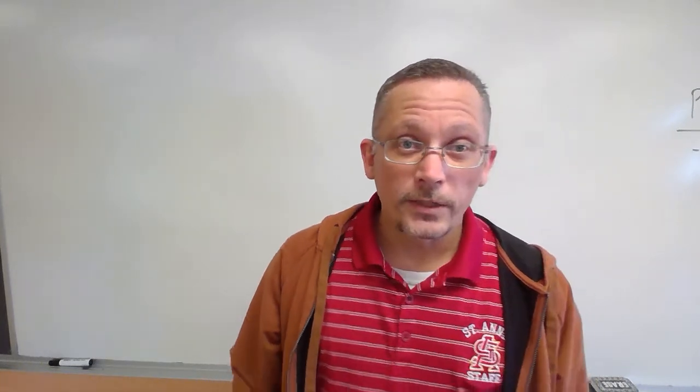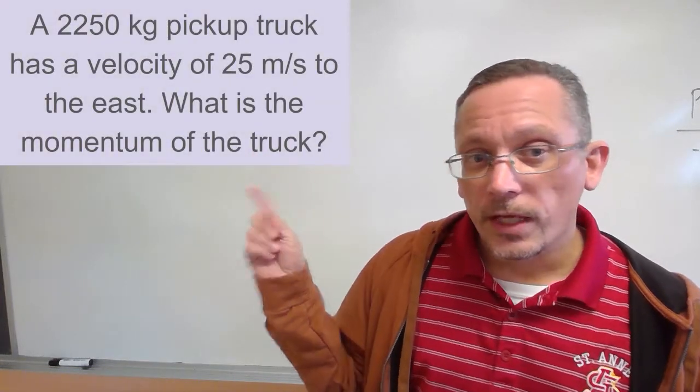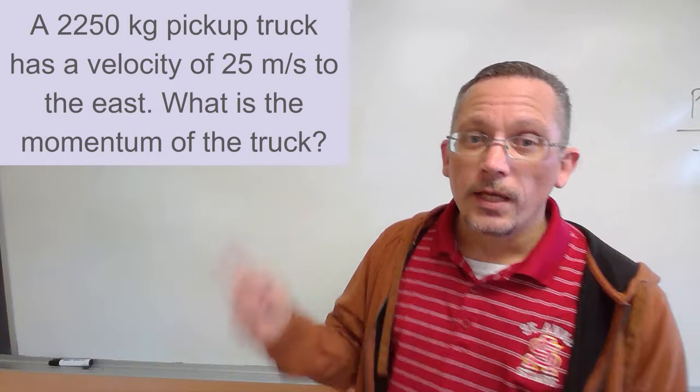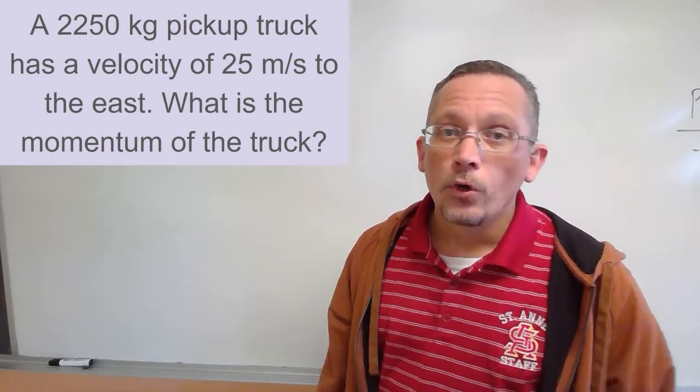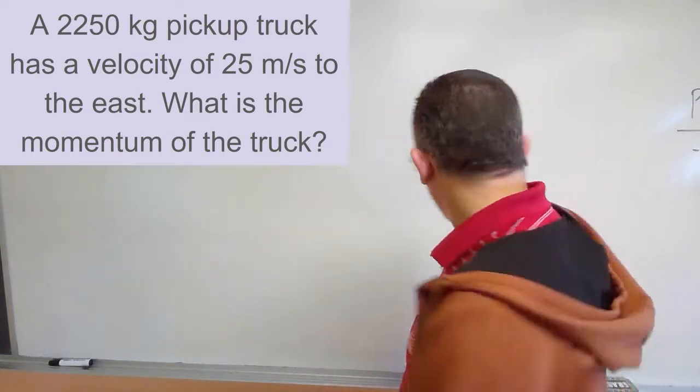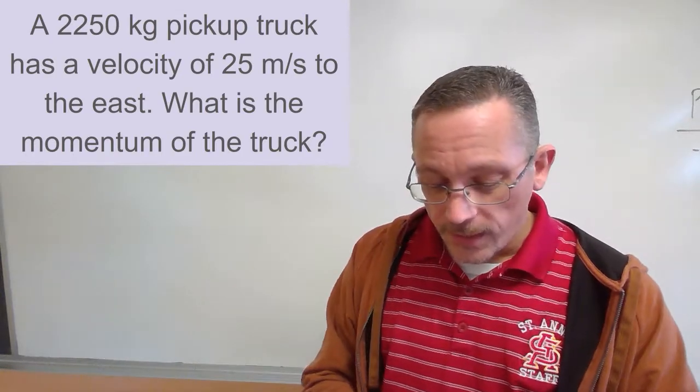So it is super easy to calculate an object's momentum, so let's go ahead and do it. Here we have an example problem. It says a 2,250 kilogram pickup truck has a velocity of 25 meters per second to the east. What is the momentum of the truck? So let's list the things that they told us here.